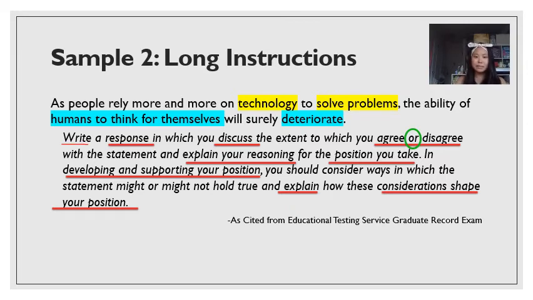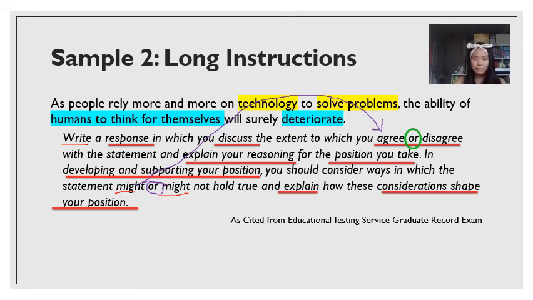All right. In developing and supporting your position, you should consider ways in which the statement might or might not hold true. Again, I think I kind of missed that, but it's also related to the statements at top. So I'm going to underline those, and I'm going to draw a connection here to this portion here because they're similar, related, and again, circle or.